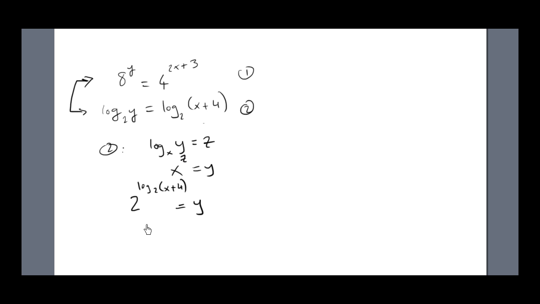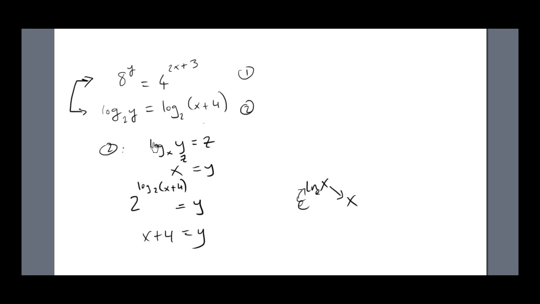Now 2 to the log base 2 of something is the same thing as e to the ln of x. These are inverse functions, so when you do one and then the other, you just get your variable back. So 2 to the log base 2 of x plus 4 is just x plus 4.